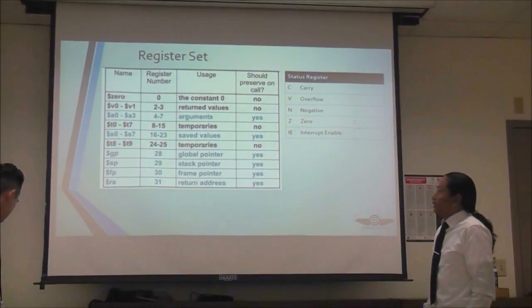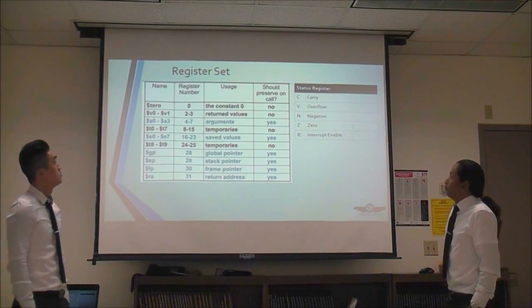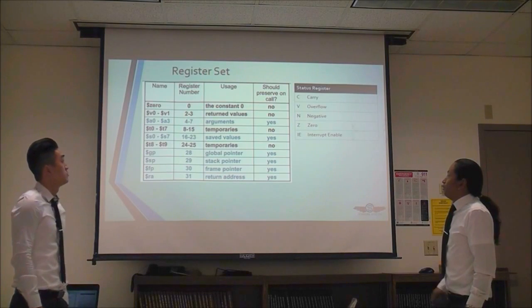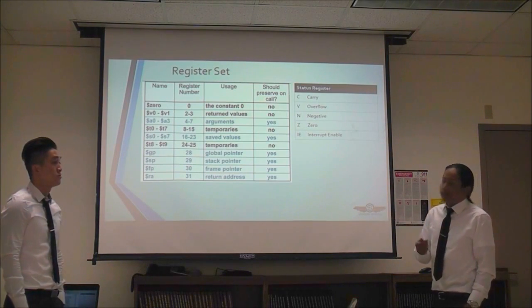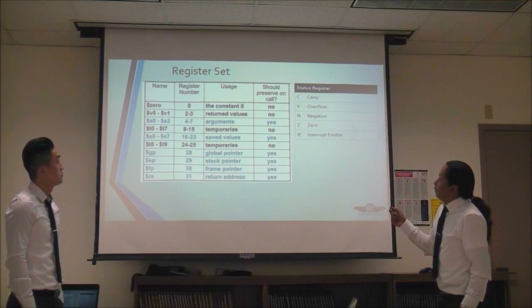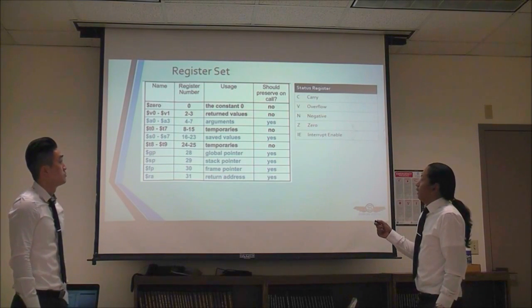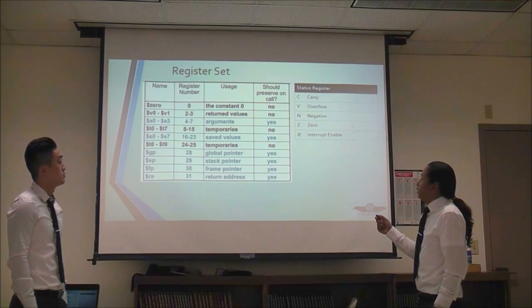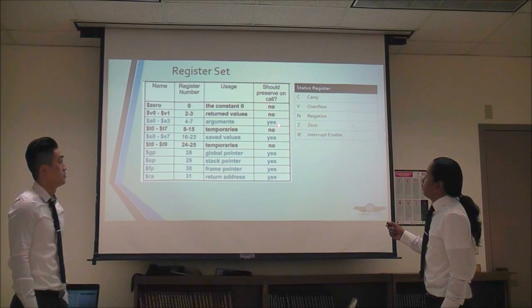Before we leave that slide, should registers be preserved on a call? What does that mean? So basically, the flags, should they be preserved? I mean, this column says yes and no: we preserve them on a call? They should be stored on the stack, I believe. Do you guys store them on the stack? No, we do not.